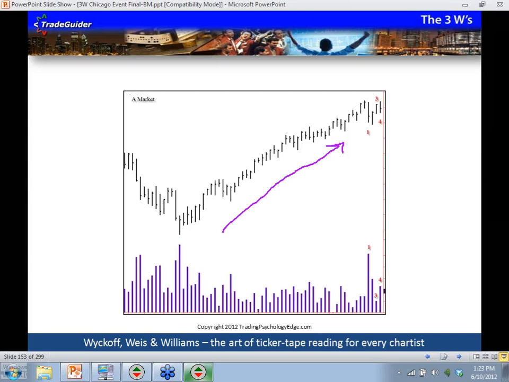Let's take a look at that spread. The spread is the difference between the high and the low of the price bar. Gavin showed you that yesterday. Spread and range are synonymous, they're the same term. It just means the difference between the high and the low. So allow your eyes to go back in time here.